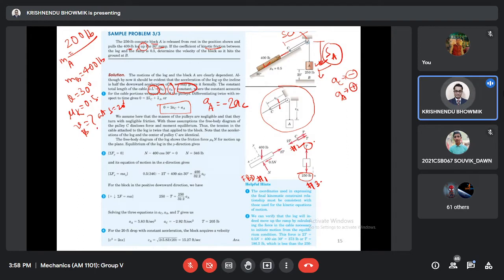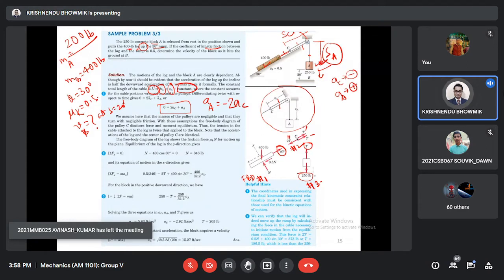If it is T here, it will be T, and this is 2T. This intermediate free body diagram will ensure that when this is the tension T of the cable, here it is 2T. So this free body diagram 2 is important for us.